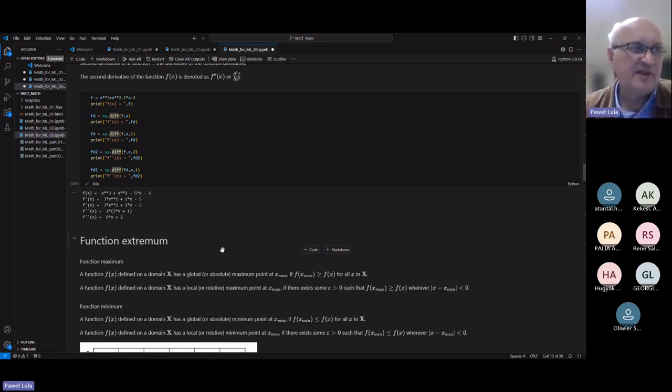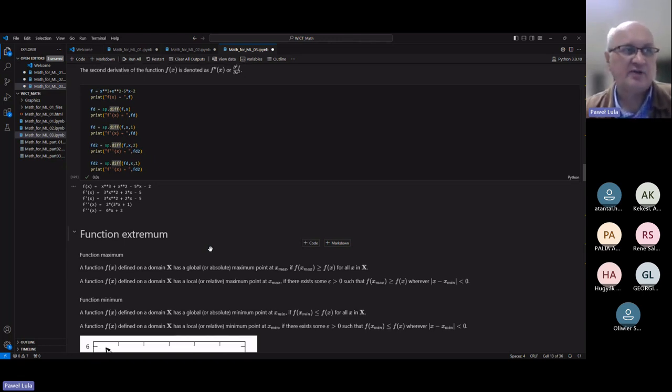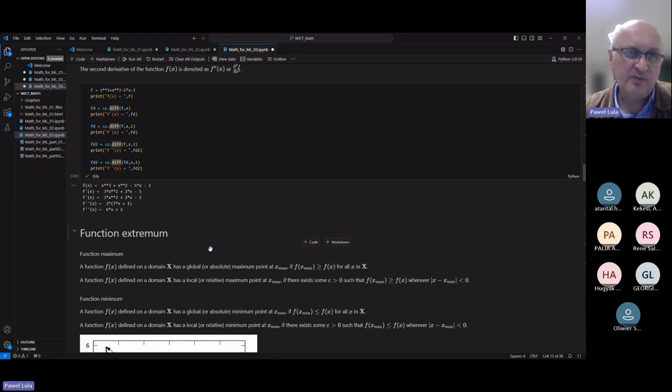Minimal or maximal, it means that we are going to find extremal values. Extremum means minimum or maximum. Sometimes we are going to find minimum, sometimes maximum. Generally speaking, we are going to find extremum values for a given function.